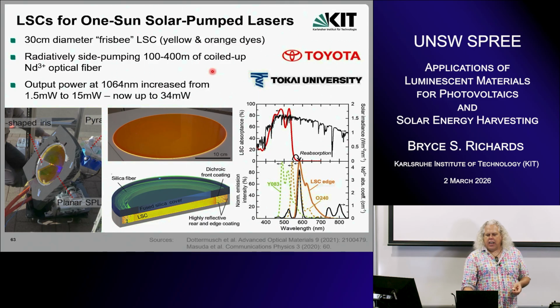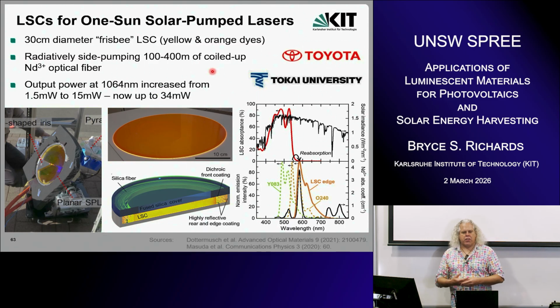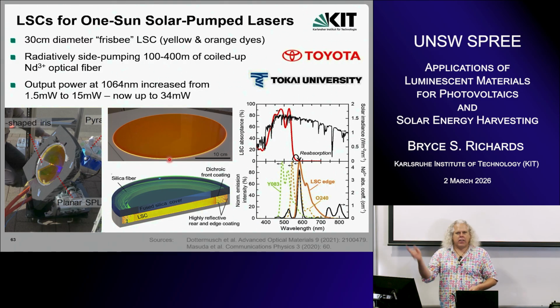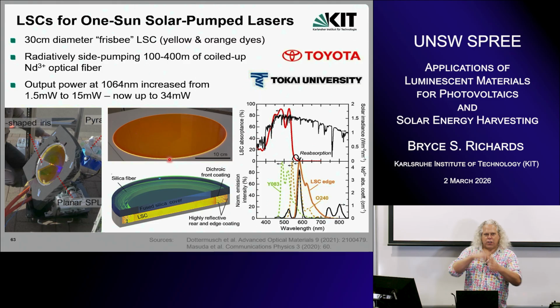And what we've been doing together with Toyota and Tokai University in Japan, the predecessor of these grants, is that we were putting optical fibers which had neodymium in them and winding them around the edge. You know, we had Japanese partners involved. You can imagine the origami skills needed for winding up to 400 meters around this frisbee. So this is kind of cool because what we do is we optically pump the neodymium, which has an absorption peak at about 560 nanometers shown there, and we pump these with our dyes.